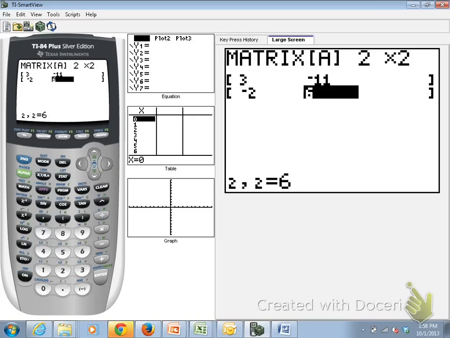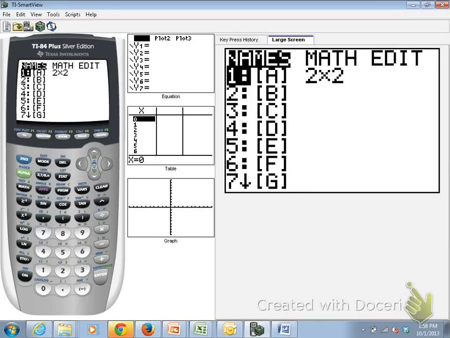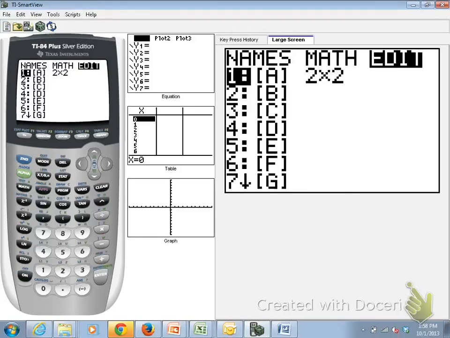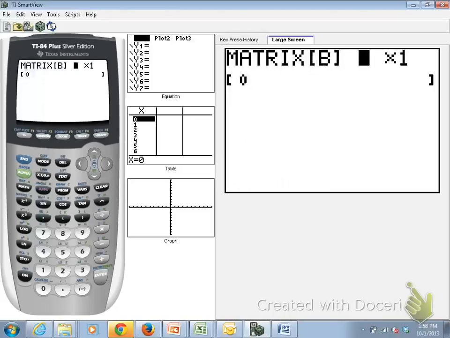Next matrix I need to put in is the constant matrix. Second matrix. This time, though, instead of putting it in matrix A, where am I going to put it? B. Okay, so this time I'm going to do a 2 by 1, and it's going to be 4 and negative 7. Okay, then I have to hit second quit because I need to get on a clean screen.